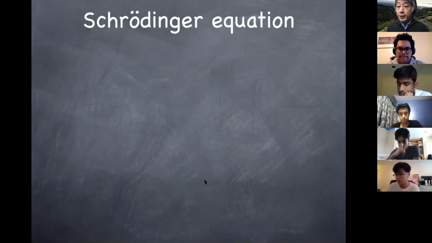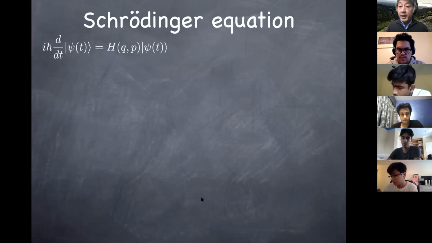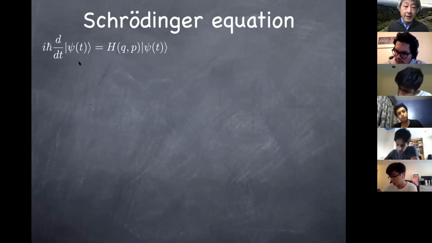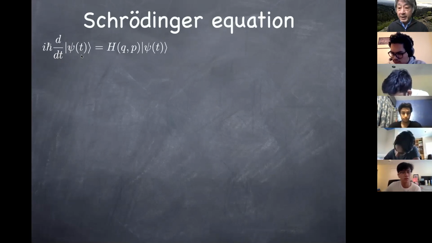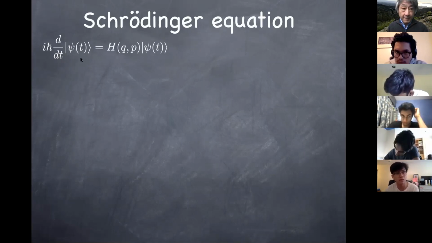Okay, so once you have derived the Hamiltonian and canonical commutation relation, then we can work out the Schrödinger equation. So in this abstract ket-bra notation Dirac introduced, you define a state using a ket, which is a function of time, and the time derivative times i h bar of that ket. So this tells you how this state would evolve in time.